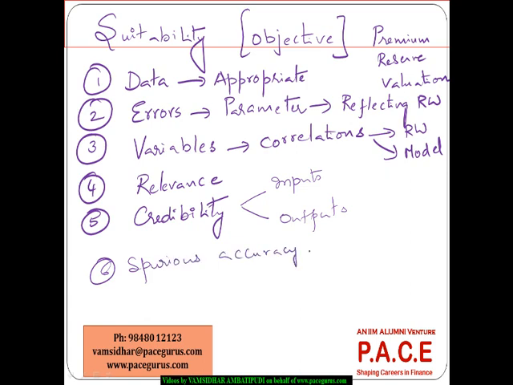Means my model could give a very good accuracy. My model could very well say that there is a good amount of relationship that is existing between the inputs and the outputs, but in real world that relationship need not be there.